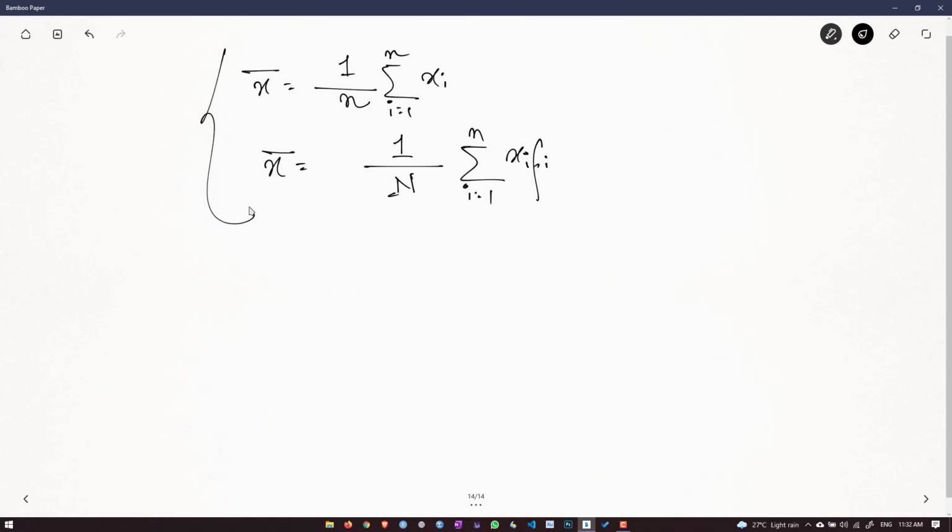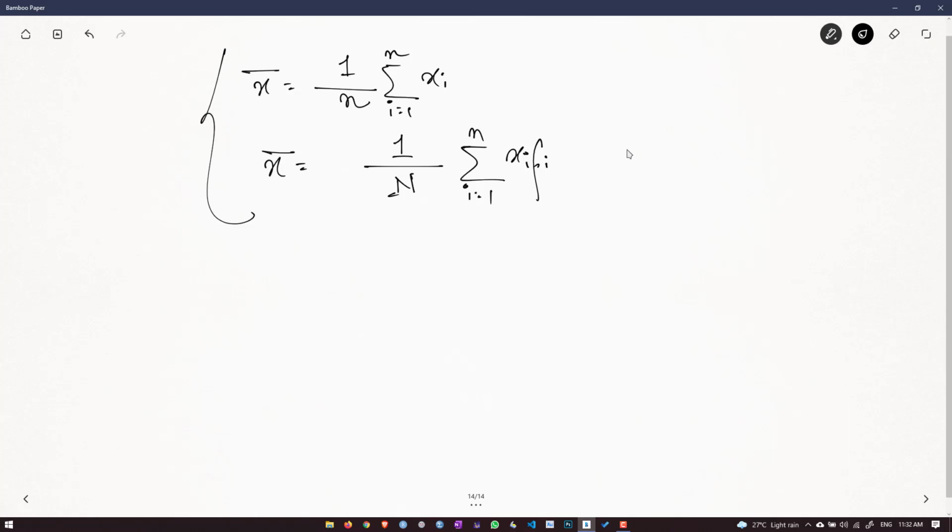So remember these two formulas. Out of arithmetic mean, geometric mean and harmonic mean, arithmetic mean is the most popular and most frequently used, and it is called the best measure of central tendency, right?